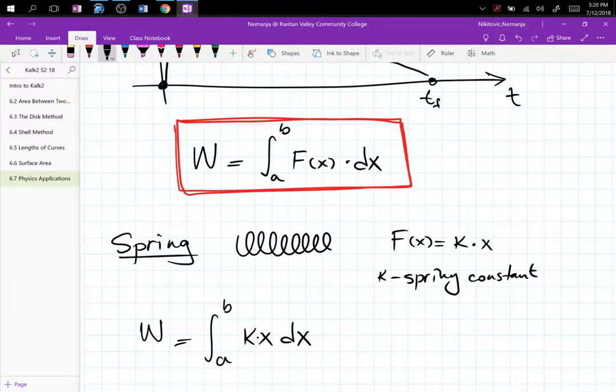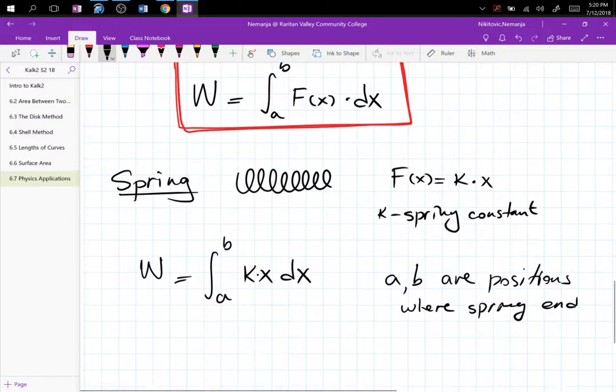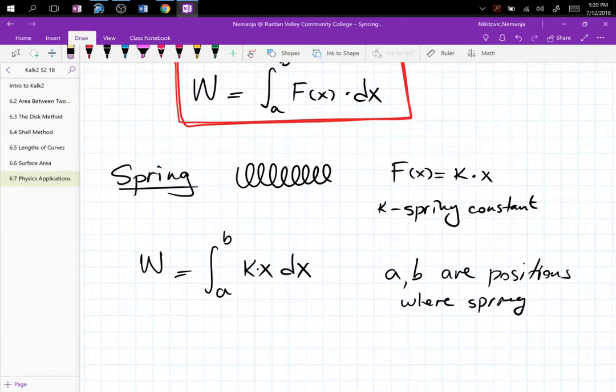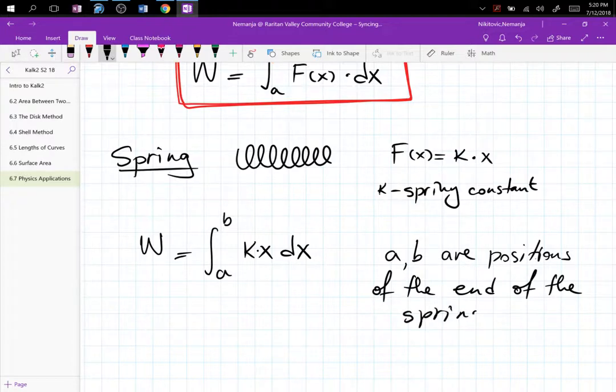And then we are going to say that A and B are positions of the end of the spring.